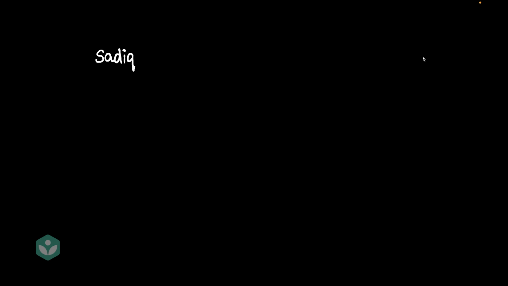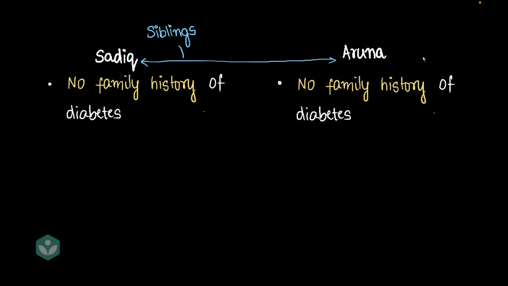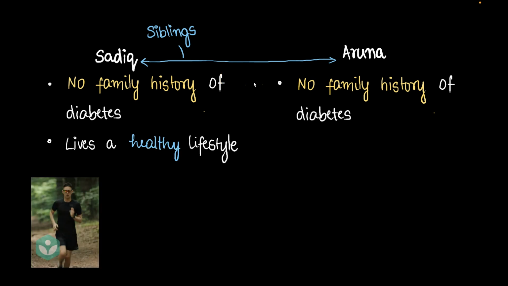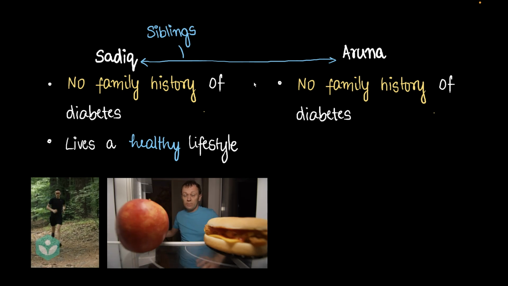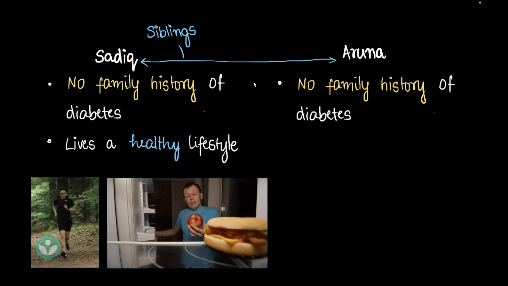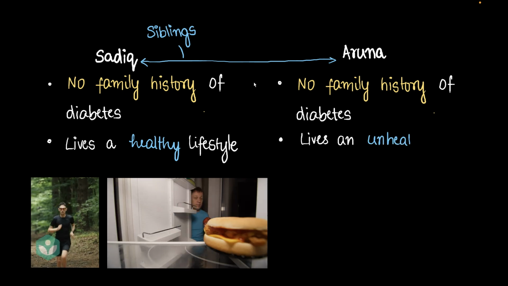So let's say we have Sadik and Aruna, both of these are siblings, and since they're siblings, they have the same family histories, and both don't have a family history of diabetes. Great. So both are clear of the hereditary component. Sadik lives a healthy lifestyle. He goes exercising every morning and he also tries to eat healthy on a regular basis. Whereas Aruna lives an unhealthy lifestyle.